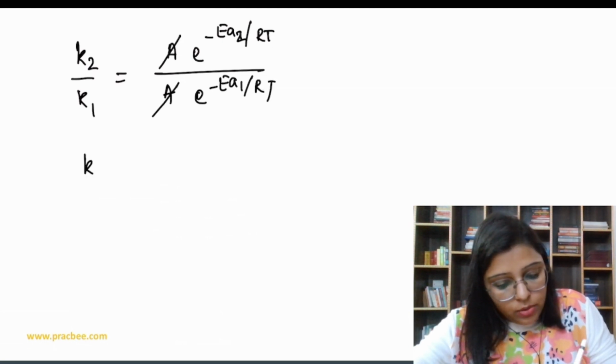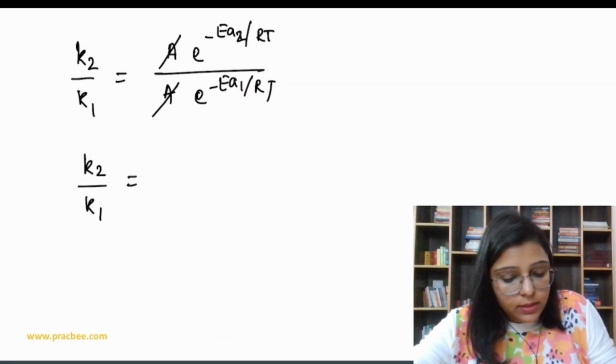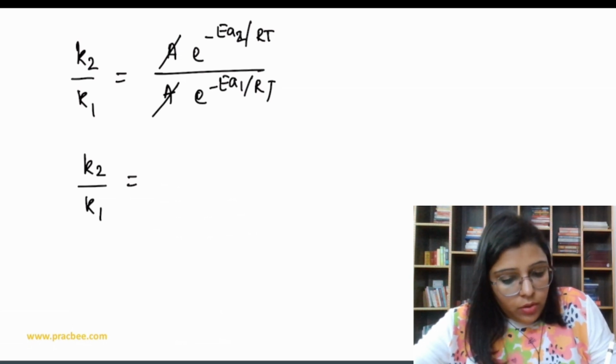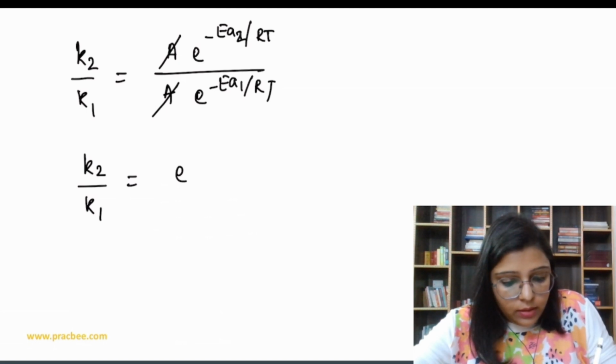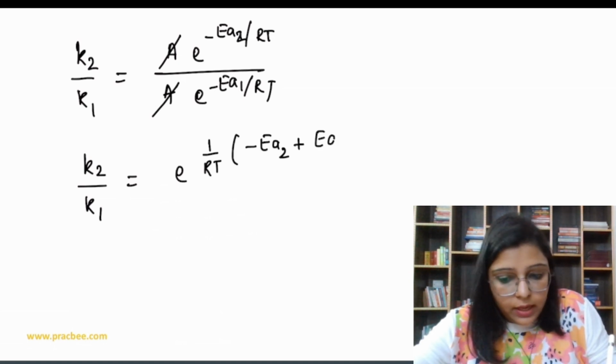So A and A cancel out. So K2 by K1 is e to the power 1 by RT common, so we can write minus Ea2 plus Ea1.